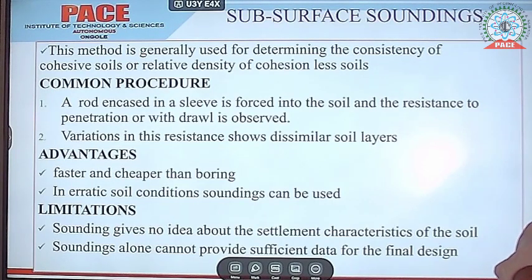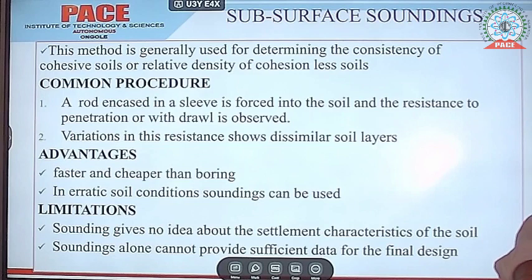The common procedure is that a rod encased in a sleeve is forced into the soil and the resistance to penetration is observed. Variations in this resistance show dissimilar soil layers.